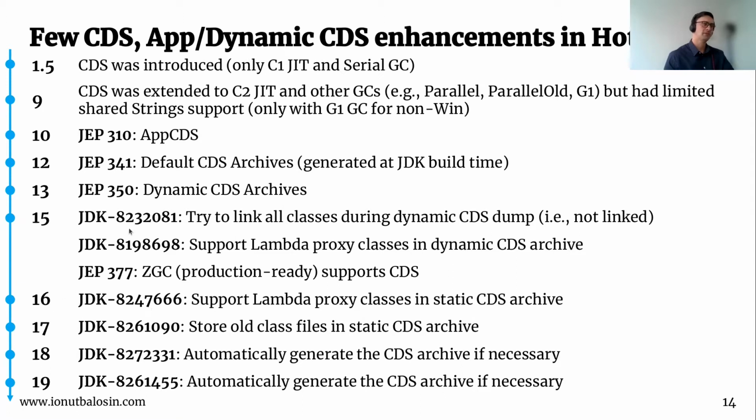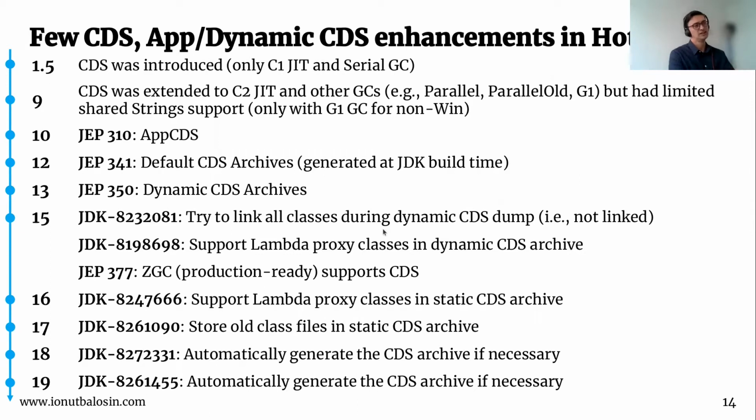As you can see here, in 15 and 16, the CDS archive, as it was released initially in 12, didn't include dynamically generated classes, which means that if you have a lot of lambdas, and we do, because we have a lot of framework dependencies, we have a lot of lambdas.